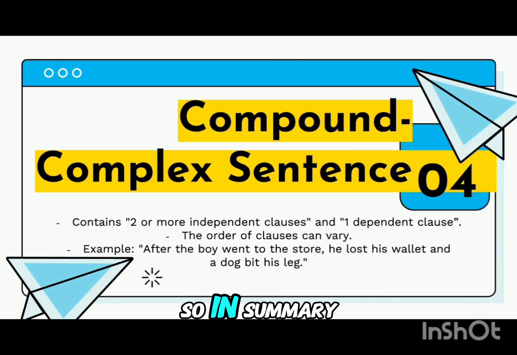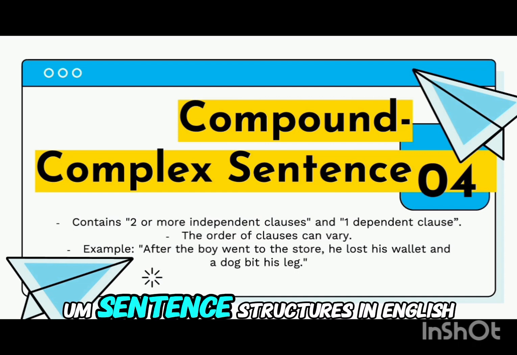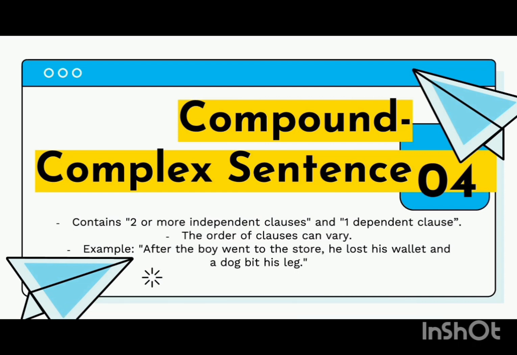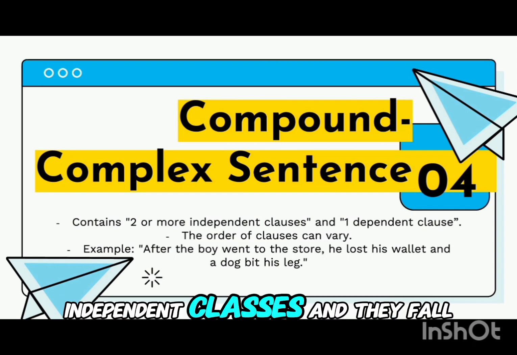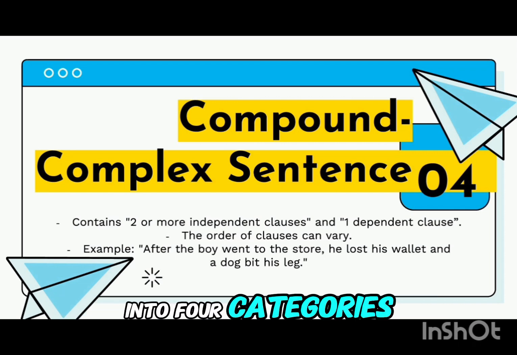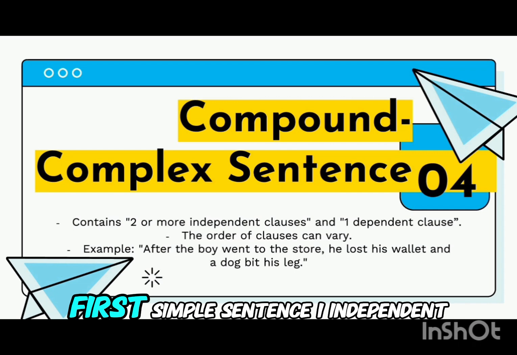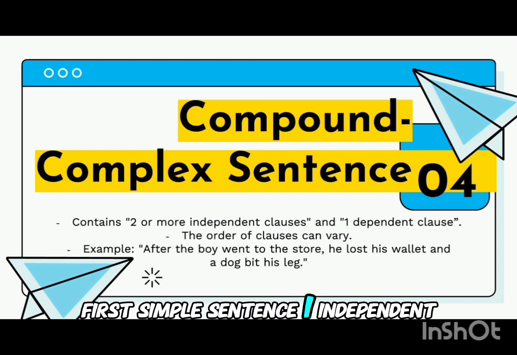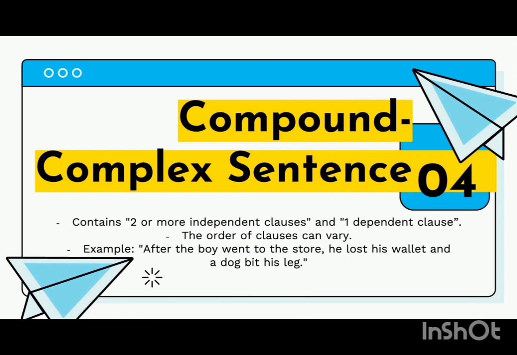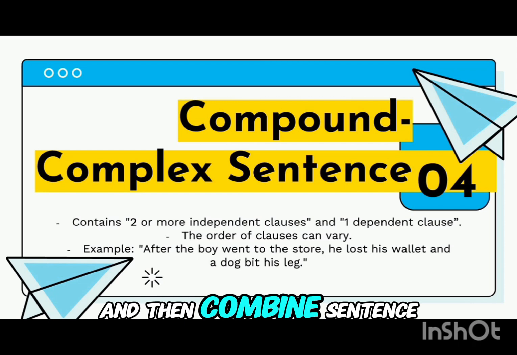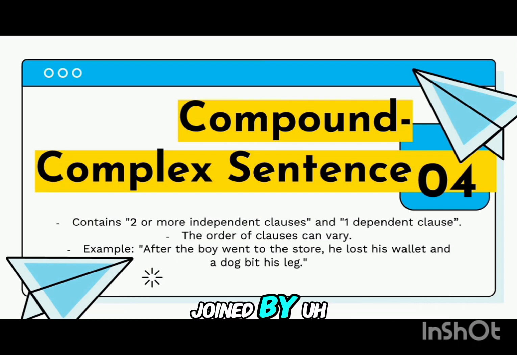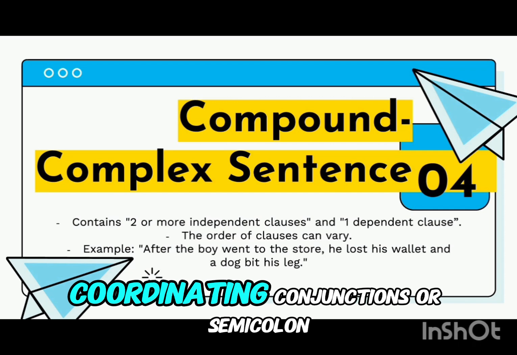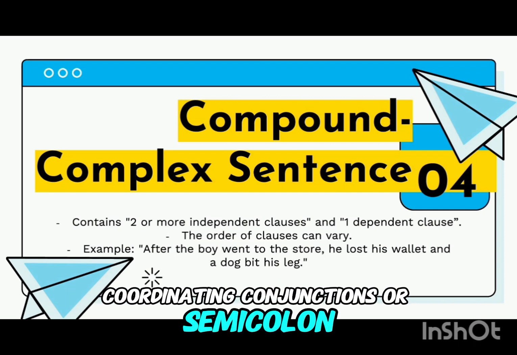So, in summary, sentence structures in English are built from independent and dependent clauses, and they fall into four categories. First, simple sentence, one independent clause. Then compound sentence, two or more independent clauses joined by coordinating conjunctions or a semicolon.